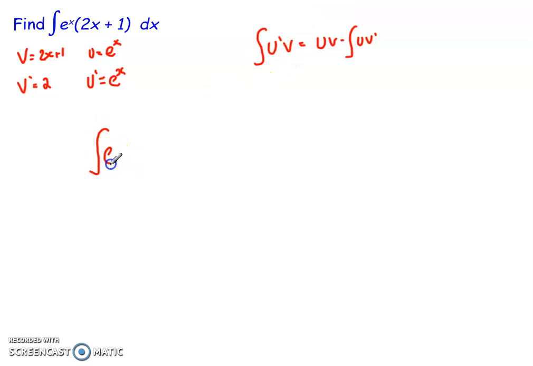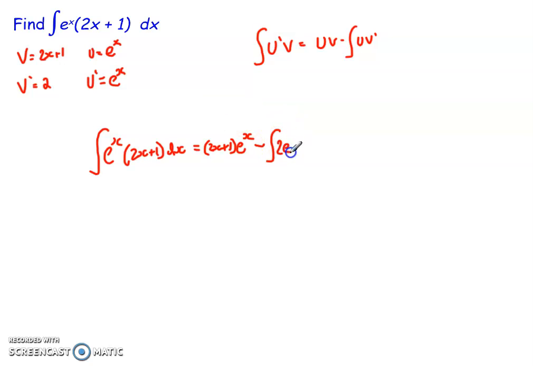So my integral of e to the x times 2x plus 1 dx equals uv, so this top part multiplied together, 2x plus 1 times e to the x. Take away the integral of u v dashed, well v dashed is 2, u is e to the x.